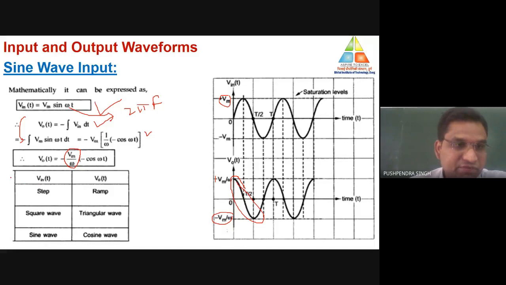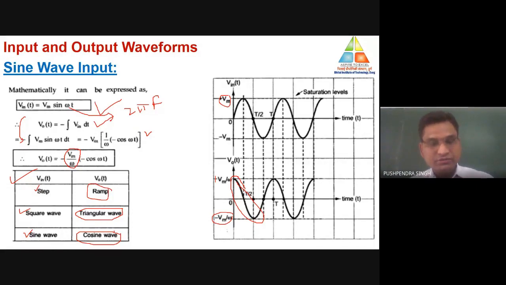So this is a table which represents different kinds of input and, based on that, which kind of output will be generated. For a step signal, we get a ramp signal. Integration of a step is a ramp. For a square wave, we get a triangular wave at the output. And for a sinusoidal waveform, we get a cosine wave at the output. No need to remember this.